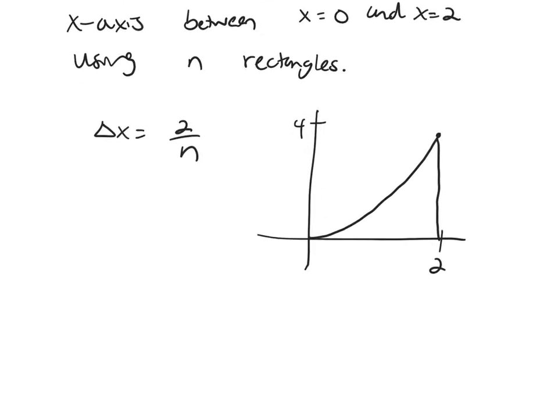So now, let's look here. If we're talking about upper sum, we're talking about an overestimate. So if I'm looking at my first rectangle, to get an overestimate, I need to find it using the right endpoint. So if I go here and use my right endpoint, you'll see that my rectangles go above my graph.